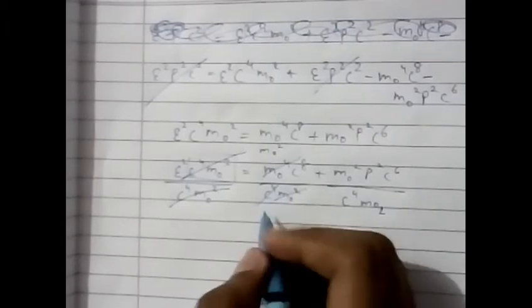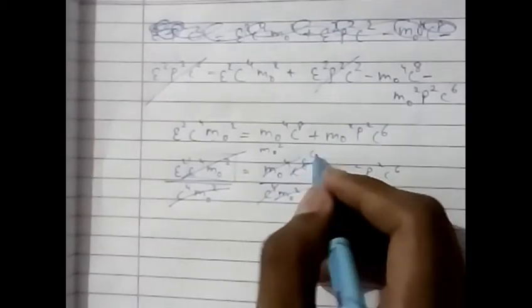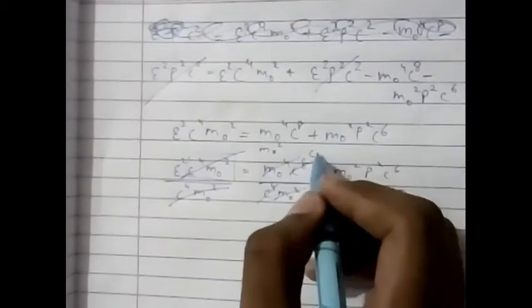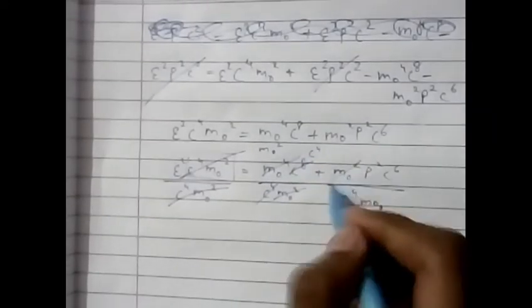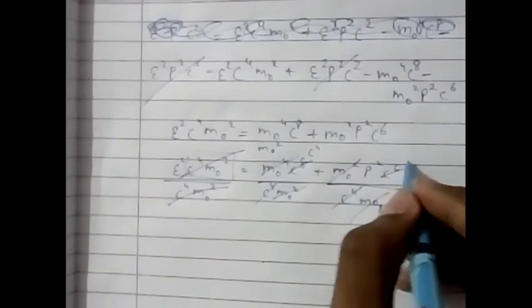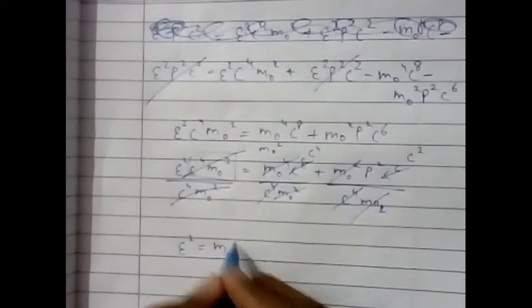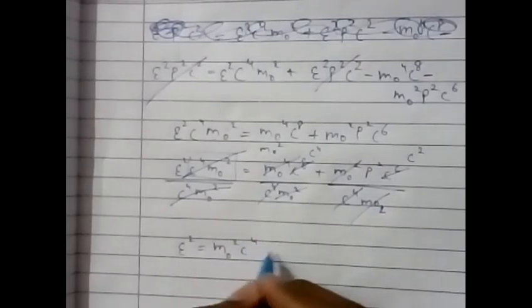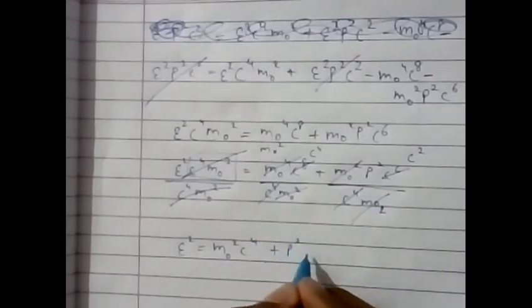Here's C raised to the power of 4. Here m naught squared is going to be cancelled out. 4 plus 2 is going to be 6. C square. We got E square equals m naught squared C raised to the power of 4 plus B square C square.